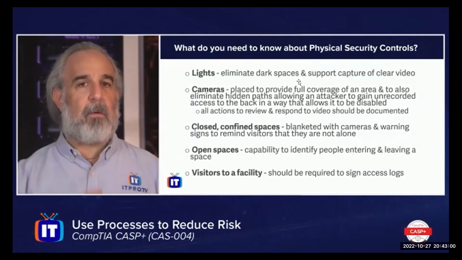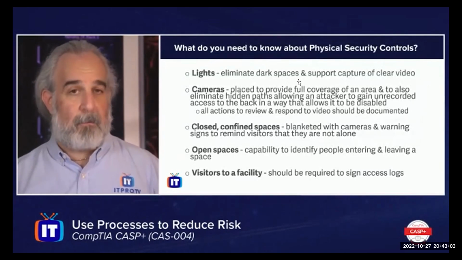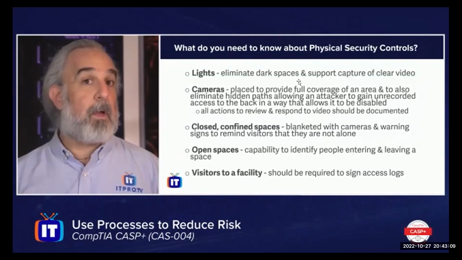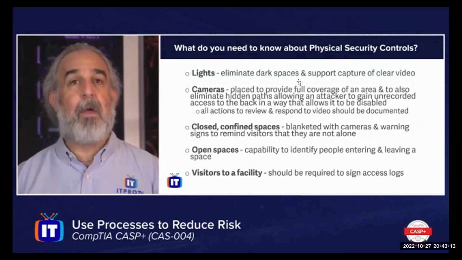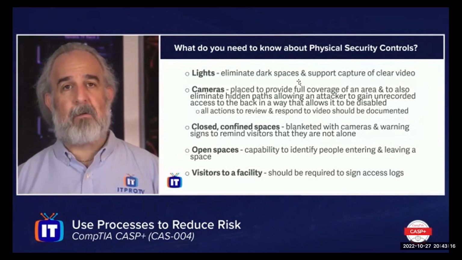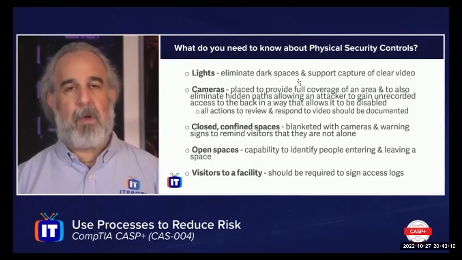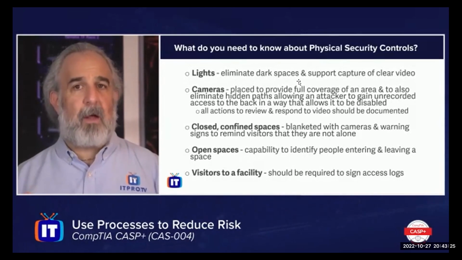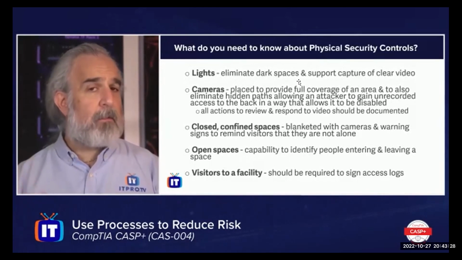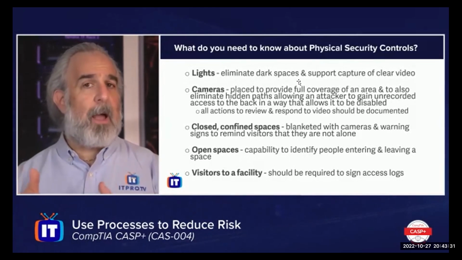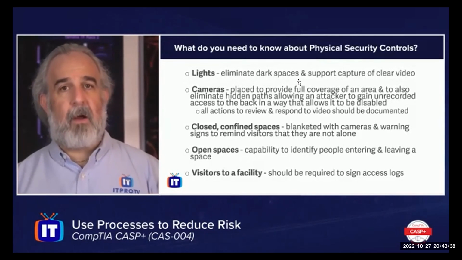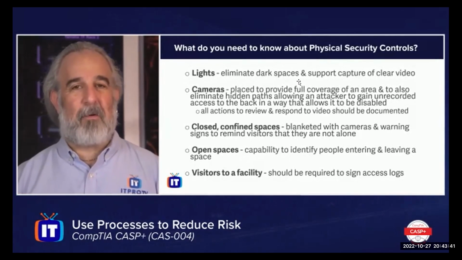You can see a list of some things that we would often throw out as being good examples of physical security controls: lighting in dark spaces to enable clear and unobstructed observing, so we can both record and actually physically observe in real time; the use of cameras in remote areas where automation and the lack of human presence may be a consideration; issues with closed, confined spaces where we want to clearly understand who is coming and going, and the use of closed circuit TV, CCTV, as well as perhaps guards that are going to be present at key choke points, and signage that will remind people that even though they seemingly are not being physically observed and perhaps alone, visually there is something and someone watching.